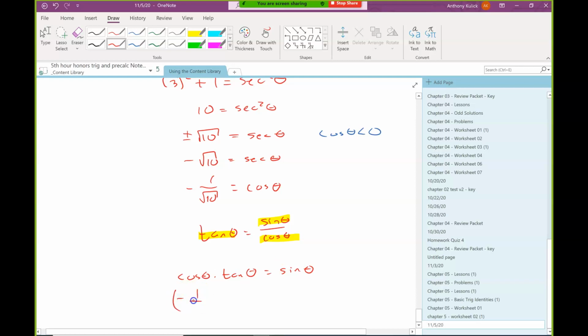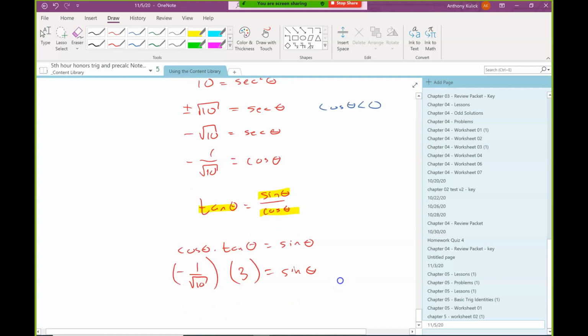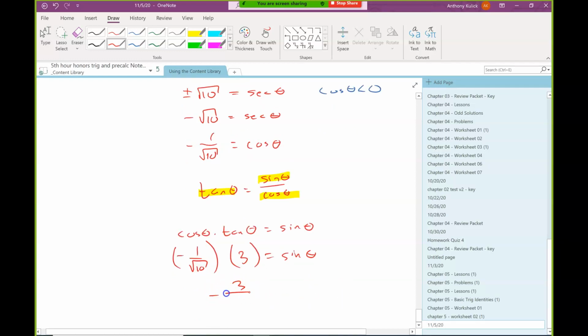Probably wouldn't leave that as our final answer, though. What's wrong with this? Yeah, we have that square root in the denominator. So we'll multiply the top and bottom by the square root of 10. And that's probably what we would leave as our final answer.